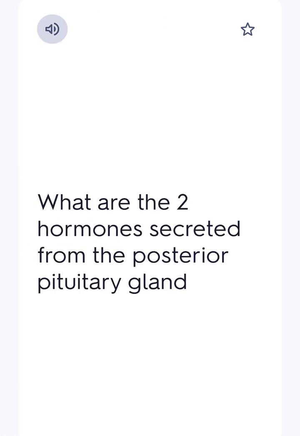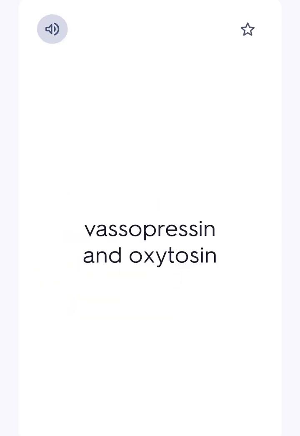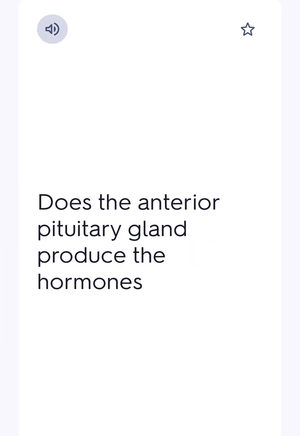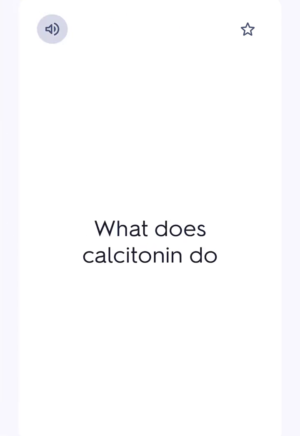What are the 2 hormones secreted from the posterior pituitary gland? Vasopressin and oxytocin. Does the anterior pituitary gland produce the hormones? Yes. What does calcitonin do?